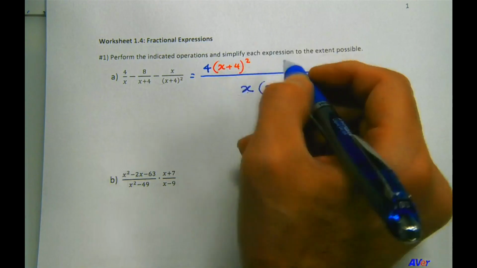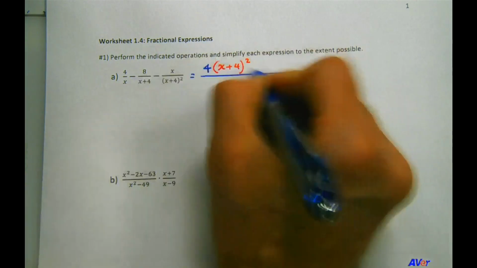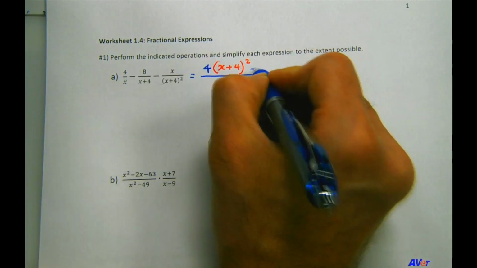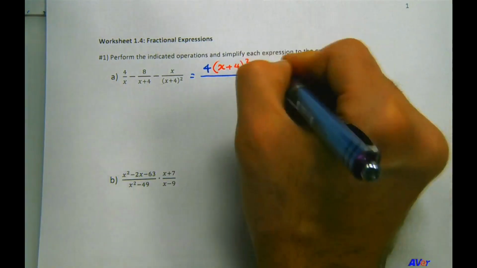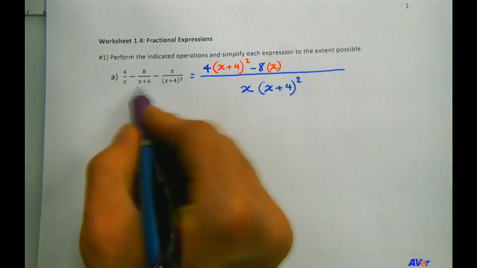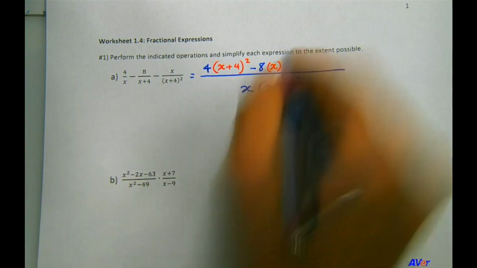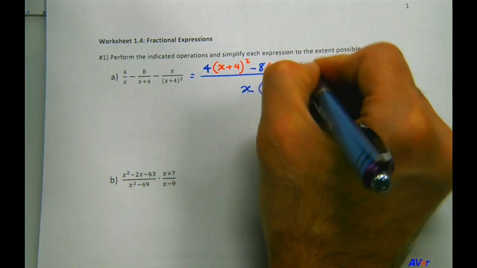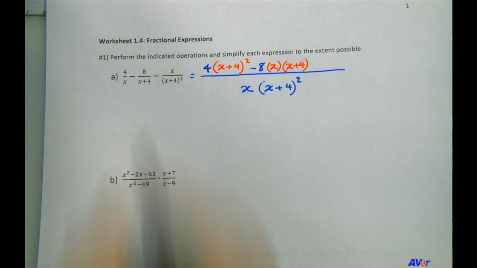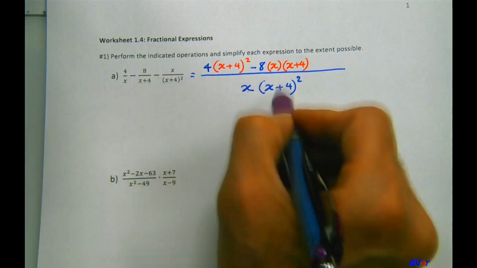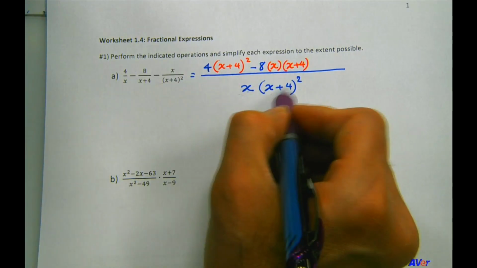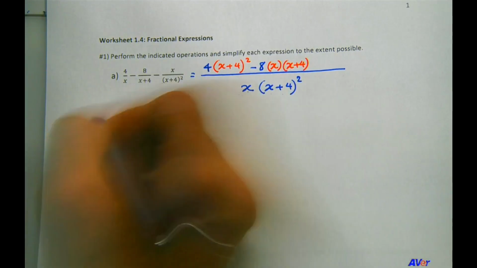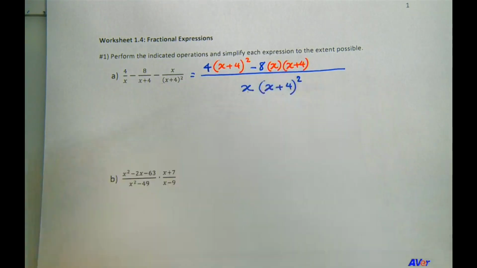So therefore, minus 8 is multiplied by x, which is missing, and also another factor of x plus 4. So there it is. We multiply minus 8 by the missing piece.